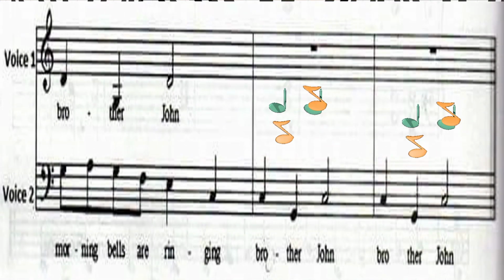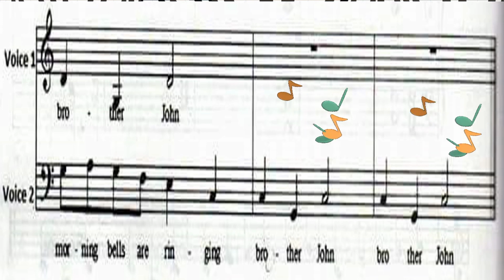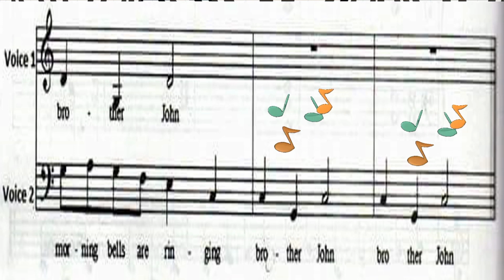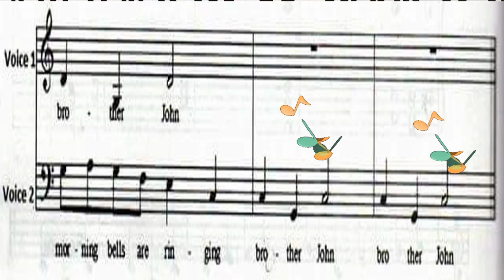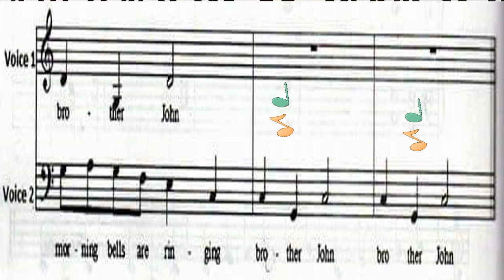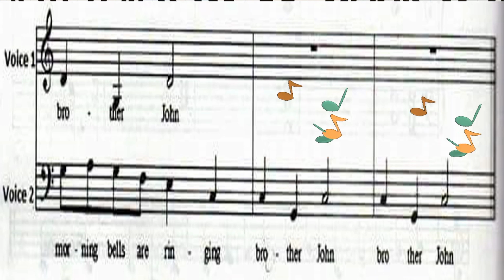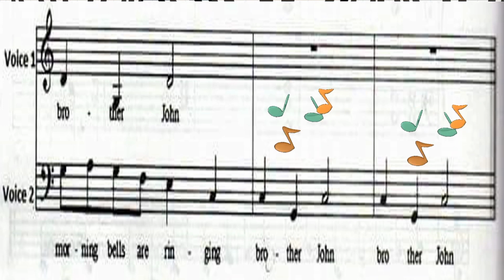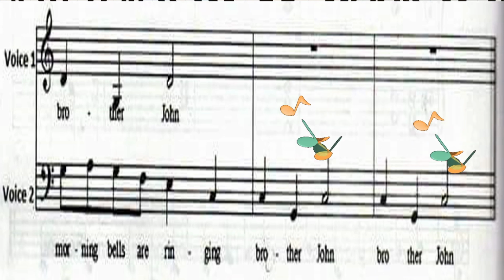So how about here? This time, group 1 has already ended the song. So this is the fin or the last phrase of the song. This is the end of the song.